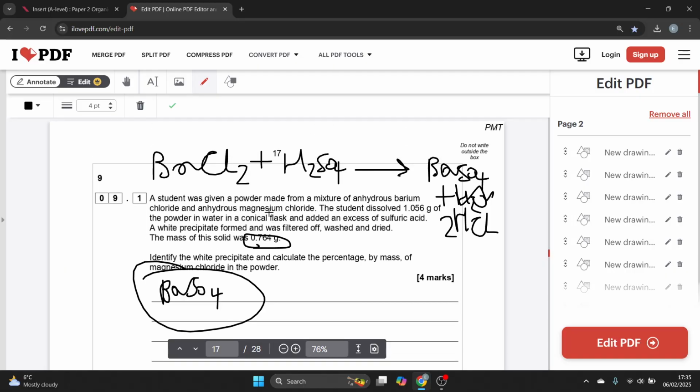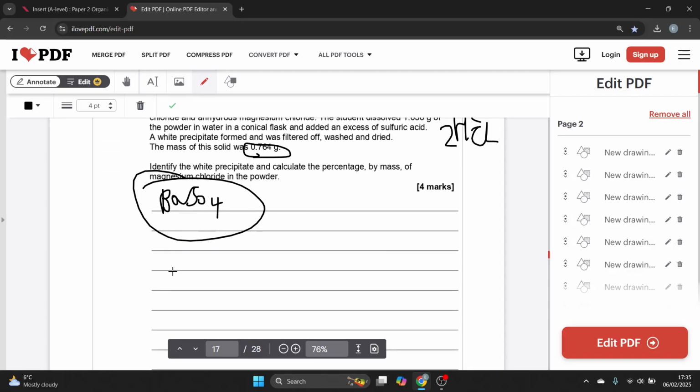What I'm going to have to do first is work out the moles of barium sulfate.